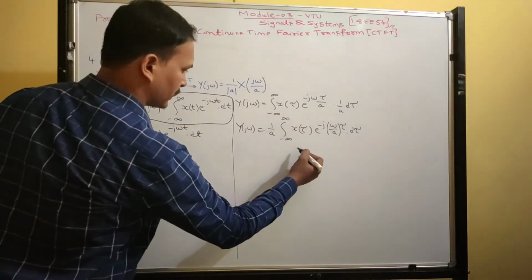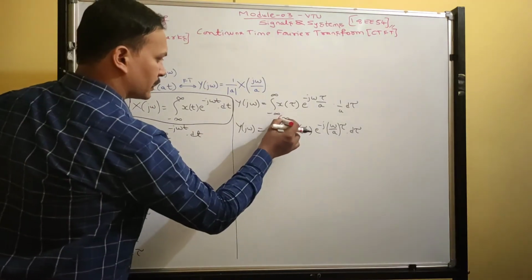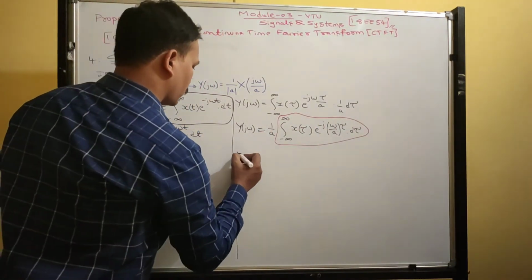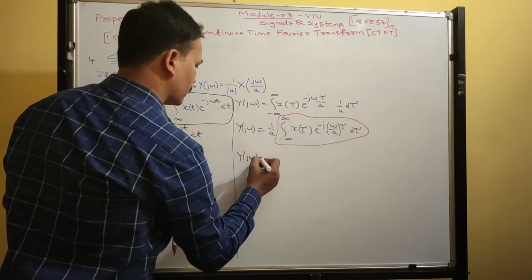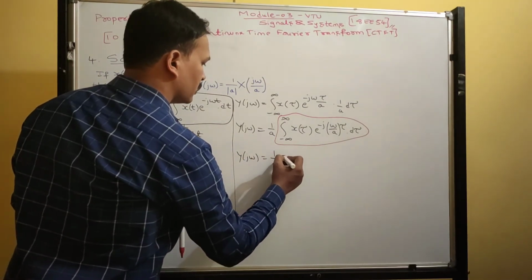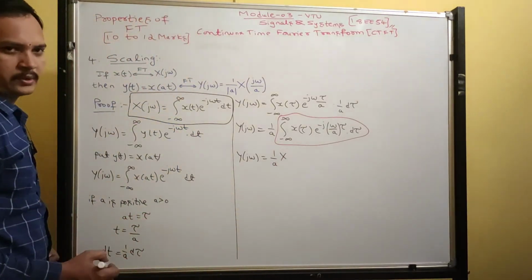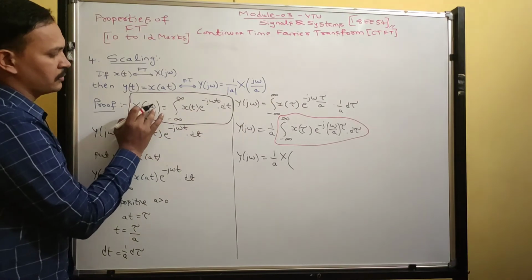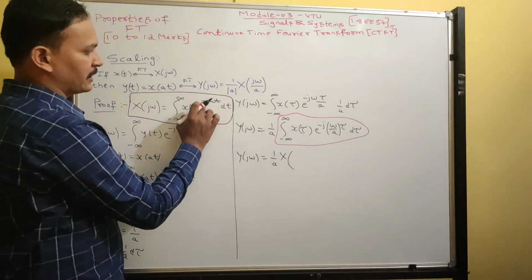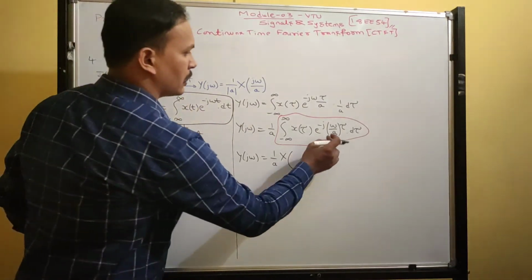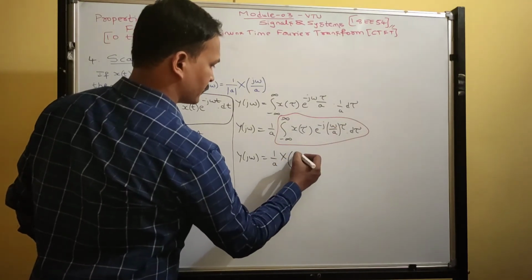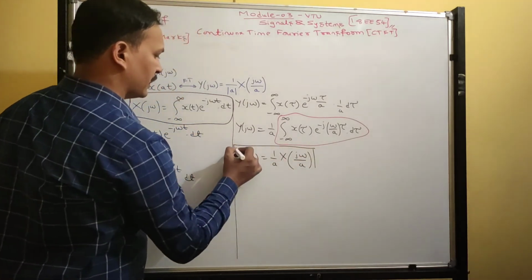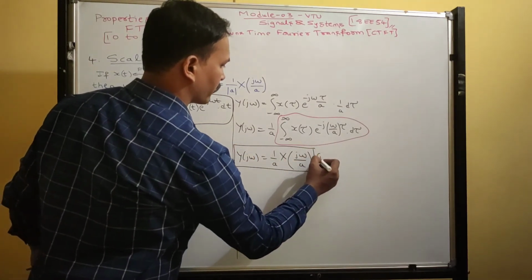Therefore, this particular term, we can write Y of j omega as 1 by a into X of j omega by a. Minus j omega by a can be written as j omega by a. Now take this as equation number 1.